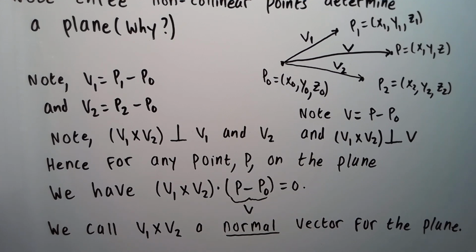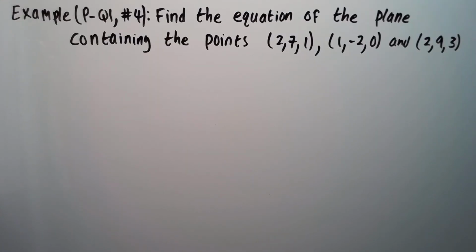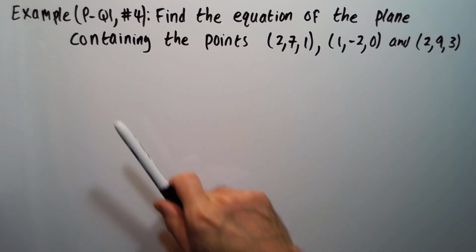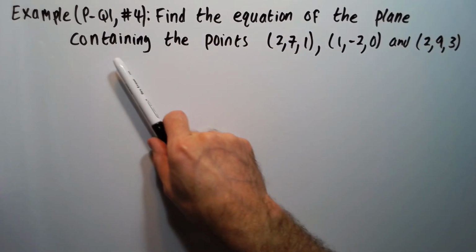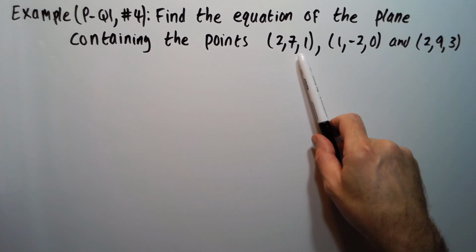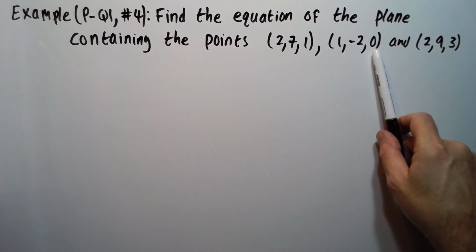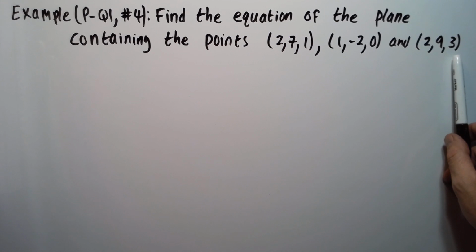I'm going to erase this and write an example up here now. Okay, let's look at an example. This is from practice quiz 1, number 4. It says find the equation of the plane containing the points (2, 7, 1), (1, -2, 0), and (2, 9, 3).